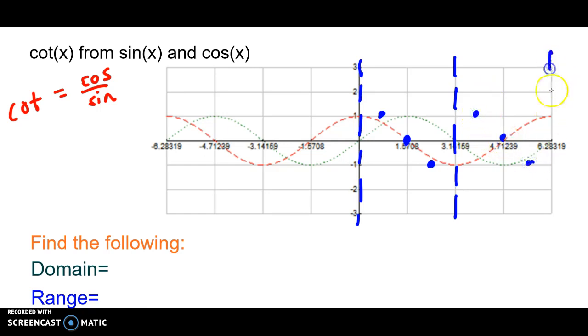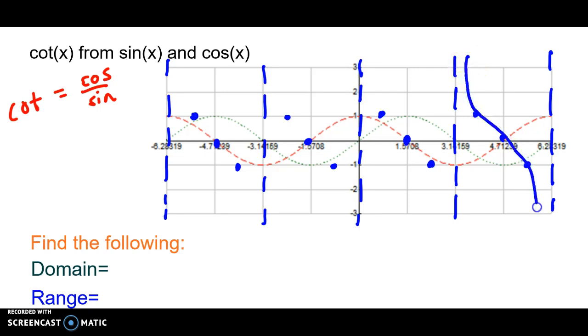I'm just going to go ahead and fill in the rest of this, as should you. So again, here's negative 1, 0, 1, undefined, negative 1, 0, 1. Last but not least, I'm going to fill in this curve.